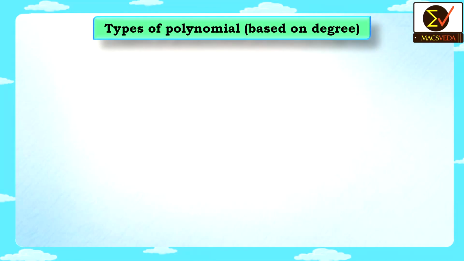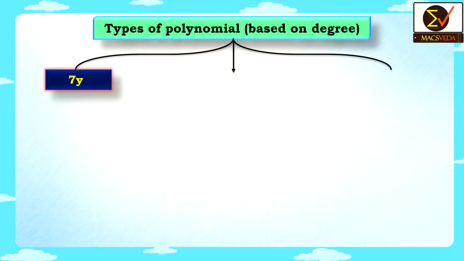We can also classify polynomials based on the degree, that is the power of the variable. Now consider this. Here the power of the variable is 1, whereas in the second example we have powers of the variable like the constant, 1, which can be written as 1 into y power 0.